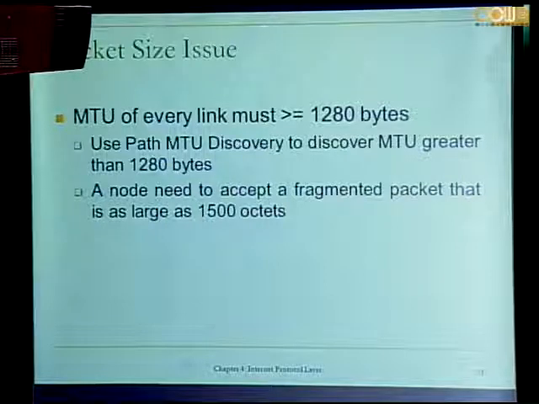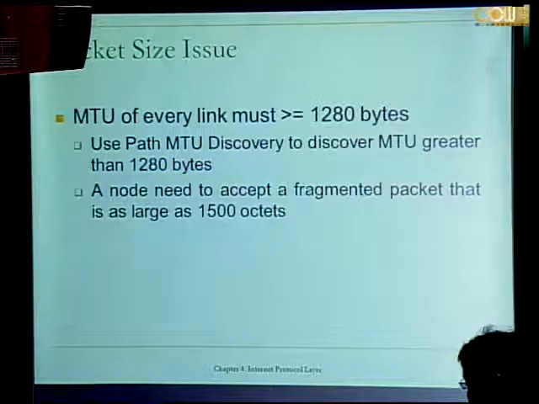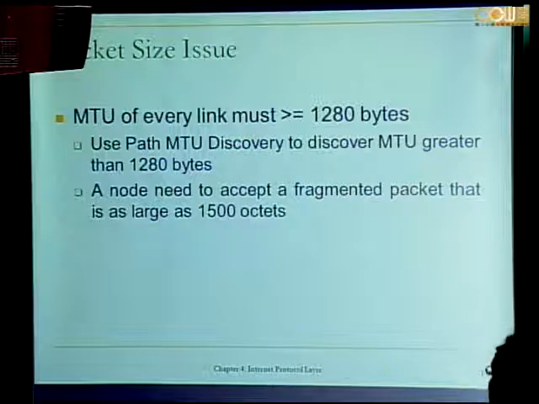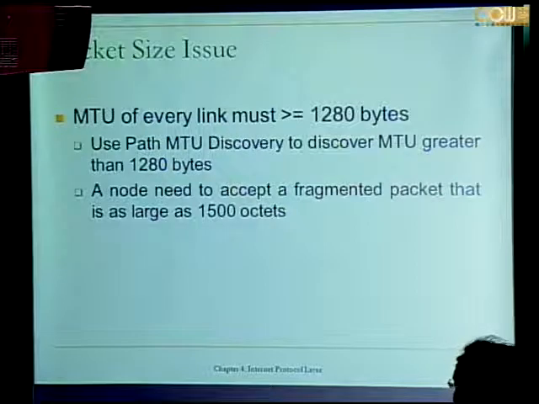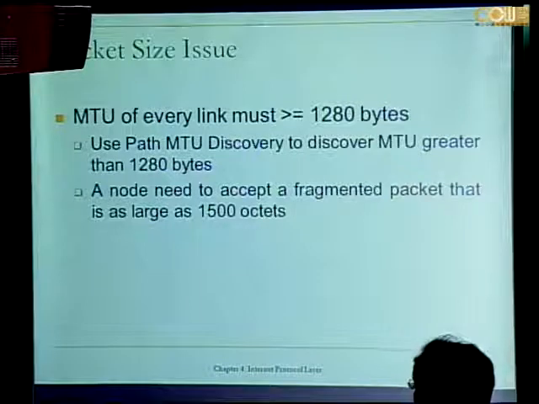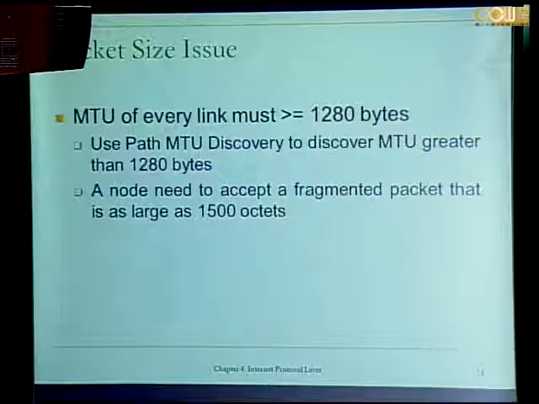So for the source host to know the MTU of the entire path, for example, when we say MTU, we usually talk about the link MTU, not a path MTU. However, because the source host needs to do fragmentation if needed, and the routers cannot do fragmentation, you need to find out the MTU along the path, which is called path MTU.